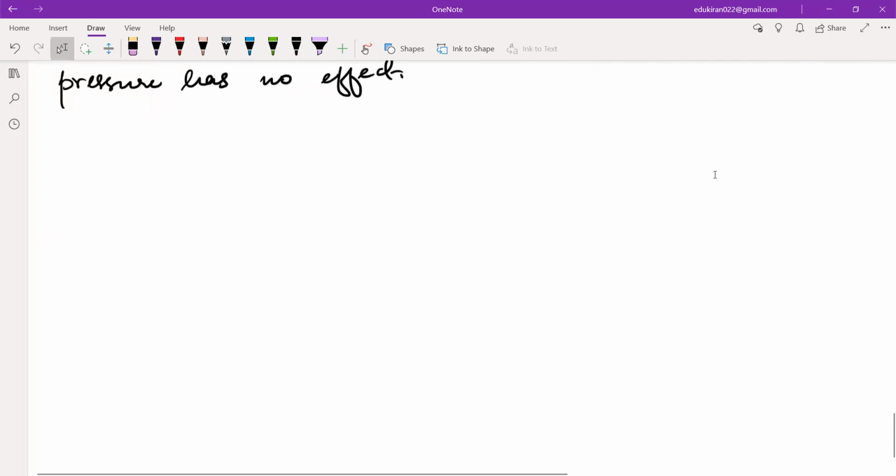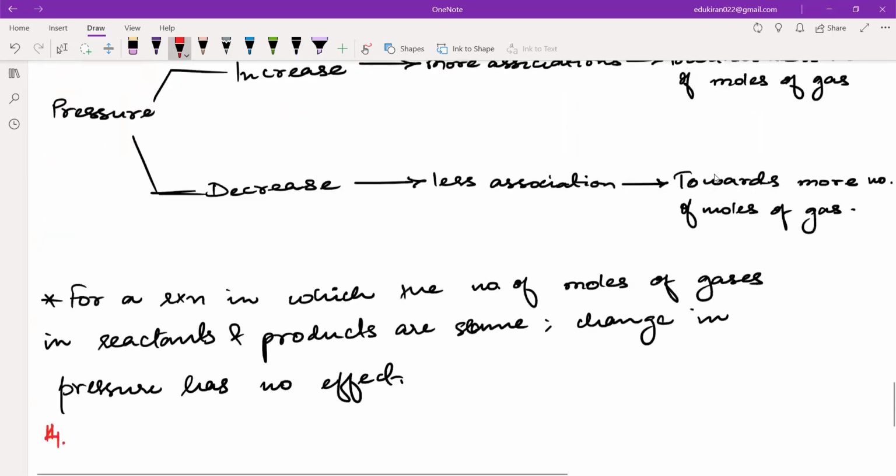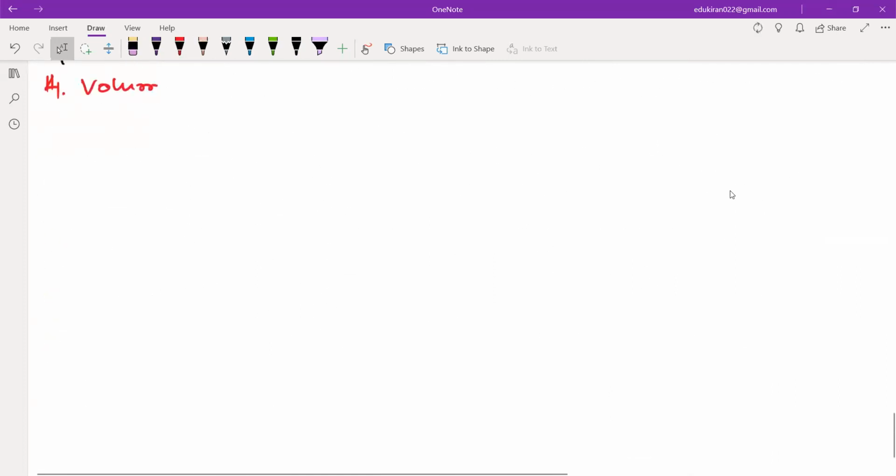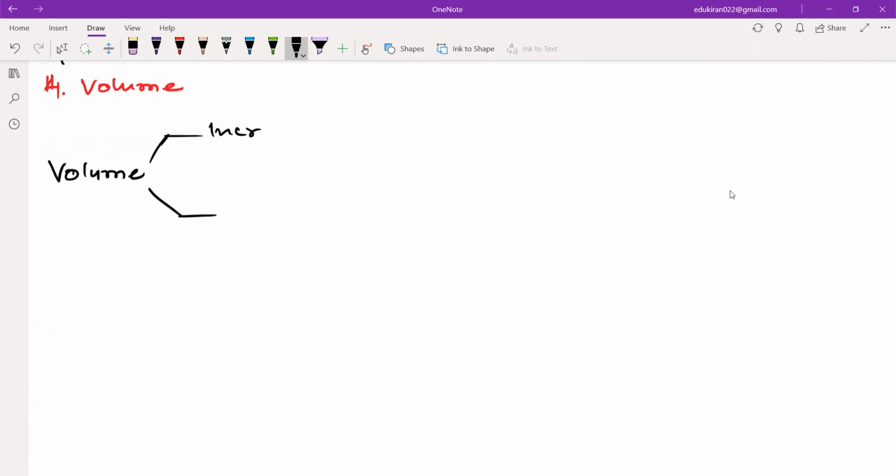Next is effect of change in volume. This is going to be fourth, I think. Volume. So we have volume. I can either increase or decrease it. If I'm going to increase it, then it is going to be less association.